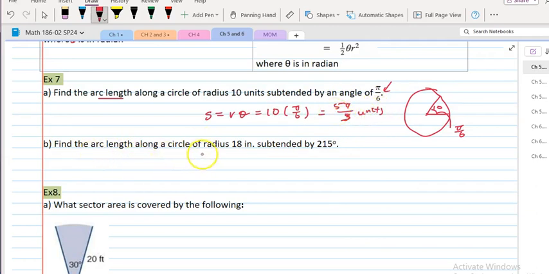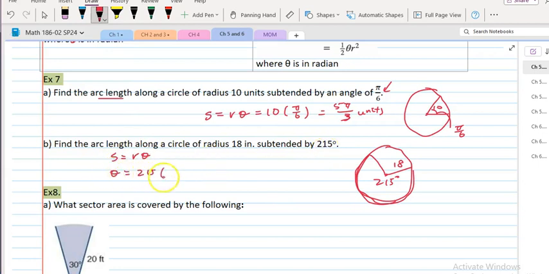Find the arc length of a circle of radius 18. So I draw a circle, radius is 18, and we want an arc length for an angle of 215 degrees. So we want S equal to r theta, but my 215 is not in radian. So theta should equal 215 times what? Remember, pi over 180, to first convert it into radian.